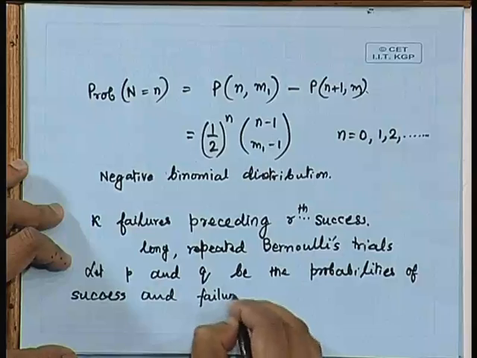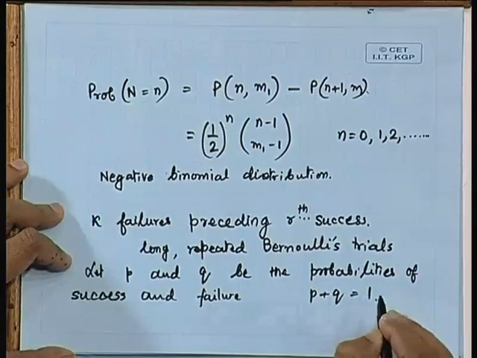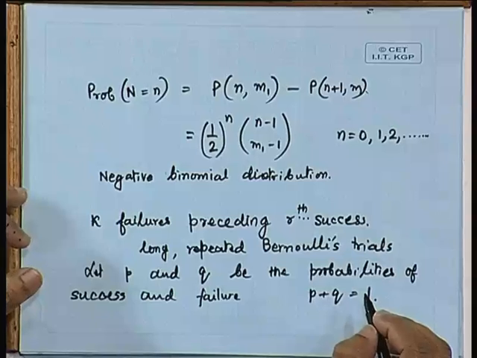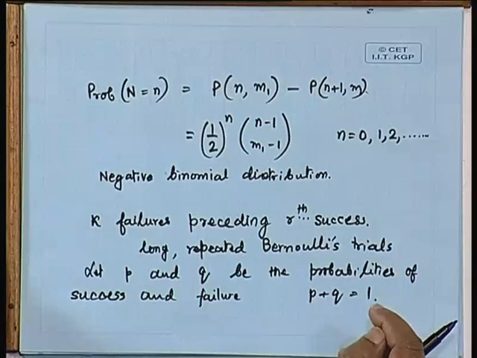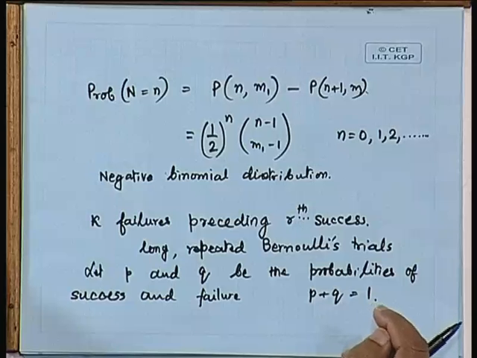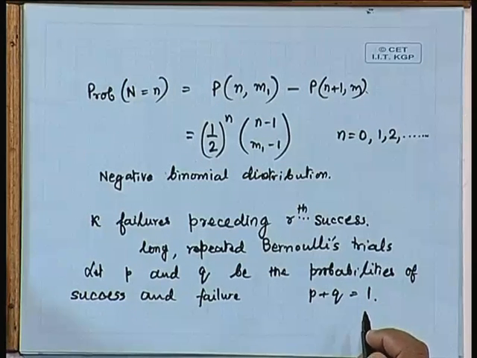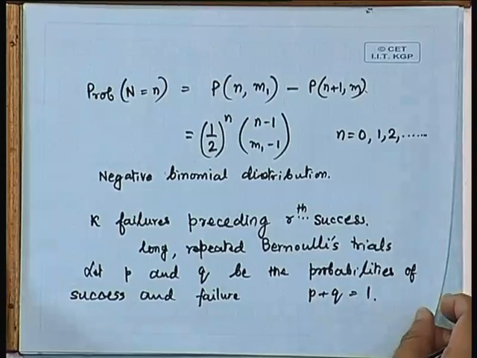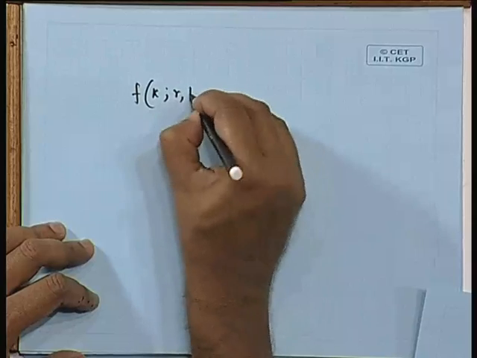Necessarily, P plus Q should be equal to 1, and in this trial of experiments the negative binomial distribution will be defined as f of k, r comma p.